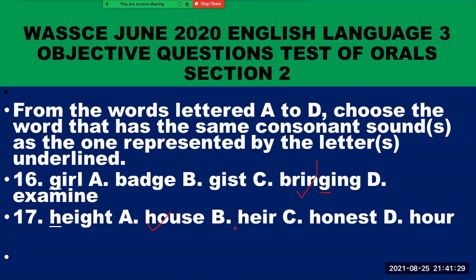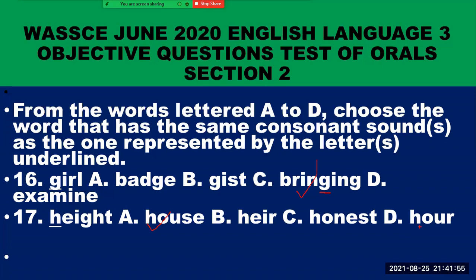Now we look at option B, heir. H is silent in heir, as in heir apparent or heir to the throne. Then option C is honest. Again, H is silent in honest. Then in D, H is also silent in hour.